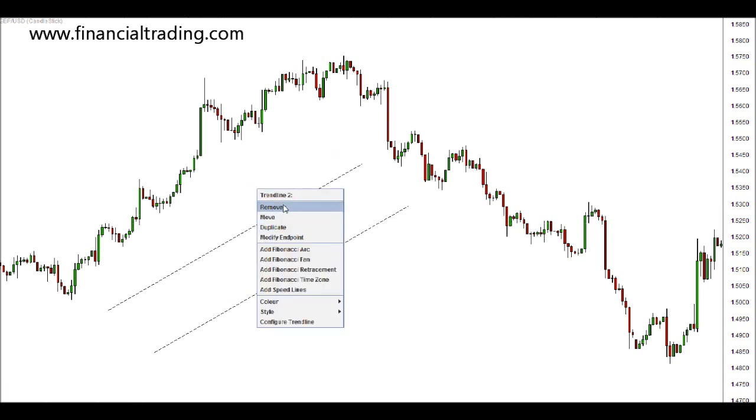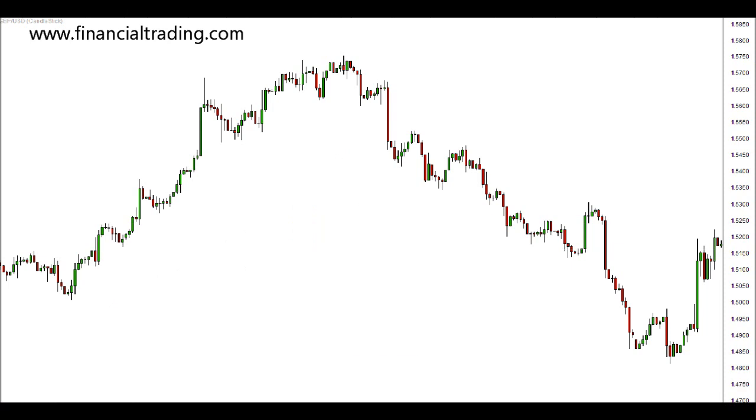To demonstrate this, let's look at this uptrend in June. Once again, this is the pound against the dollar, and it's a 4-hourly chart. If we were to look at this trend and identify the pushes and the pullbacks of the trend, upon observation we would notice there's a diagonal support running along this trend.